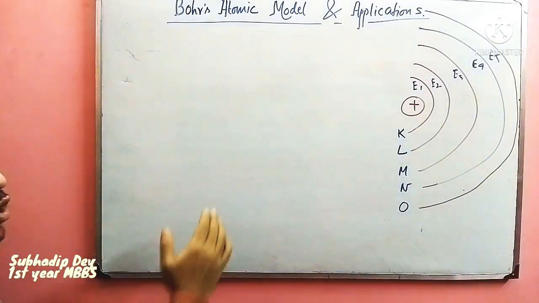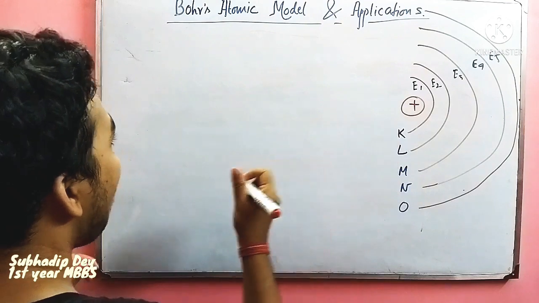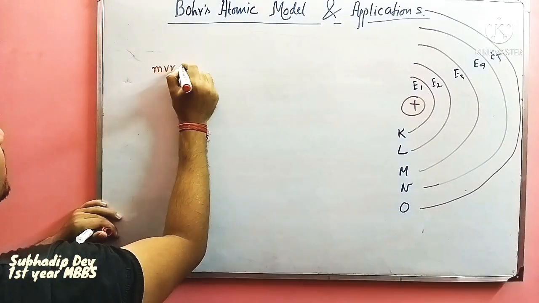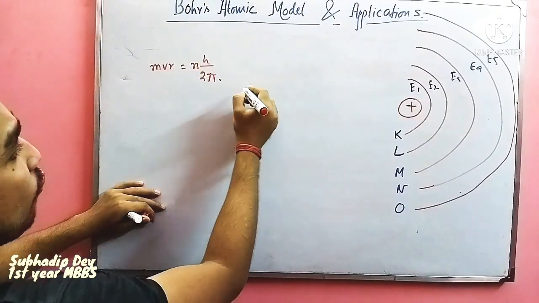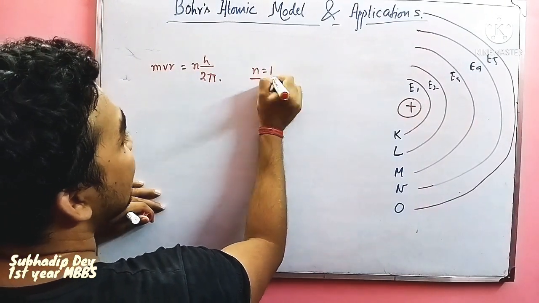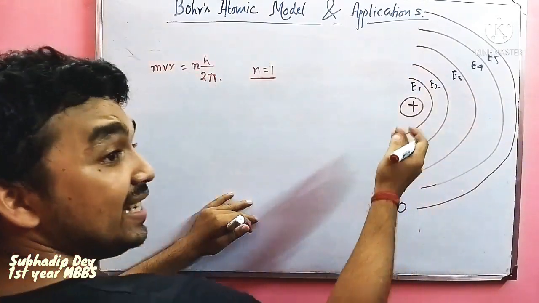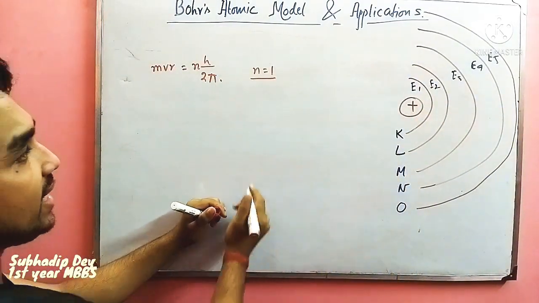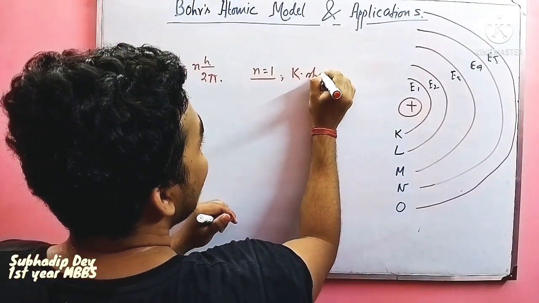And accordingly, those orbits have got specific names. Now see, mvr equals nh by 2 pi. For n equal to 1, that is, for the first orbit nearest to the nucleus, we have its name as K shell.